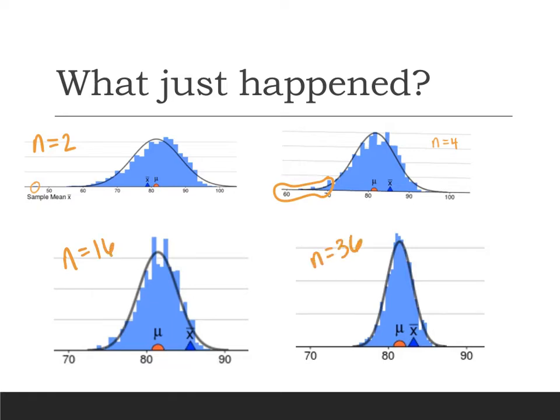And so what happened as our sample size increased? All of these were based on a simulation of 1,000 samples. So the heights of the blue bars represent numbers based on 1,000 simulations, and that's true for all 4 of these graphs. So we had the same number of data points, but our distributions became more and more bell-shaped.